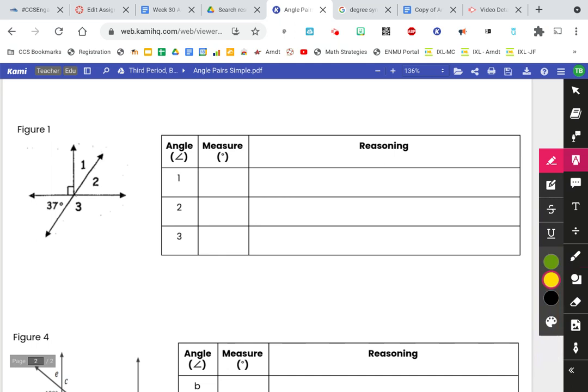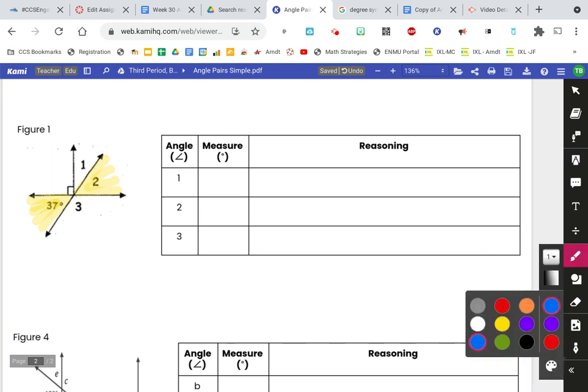I'm going to find number 2 because I notice that this angle right here and then the angle opposite right there, those are vertical angles. Therefore, if that one angle is 37 degrees, then angle 2 has to be 37 degrees as well.